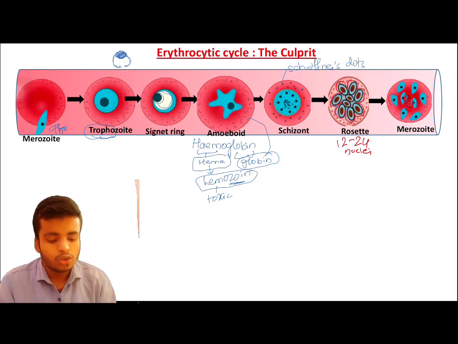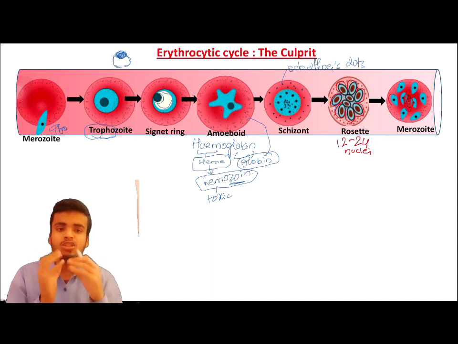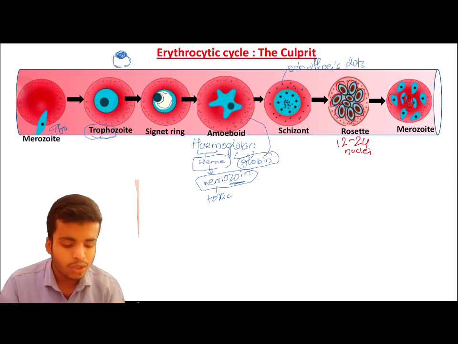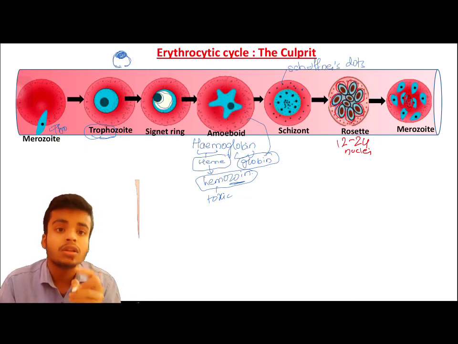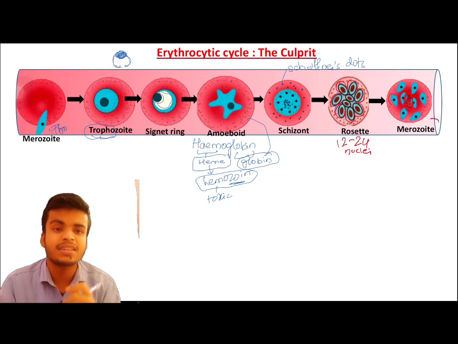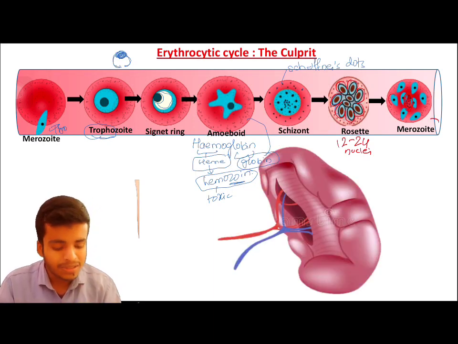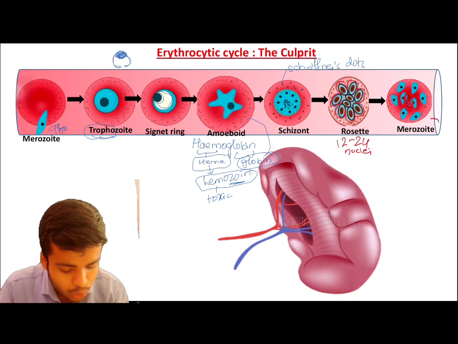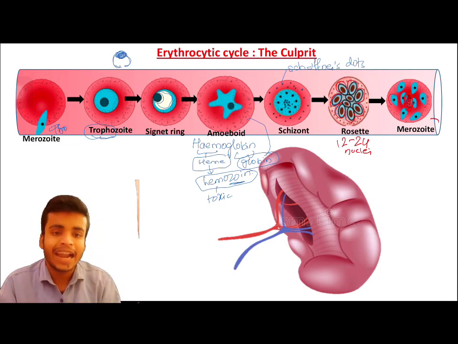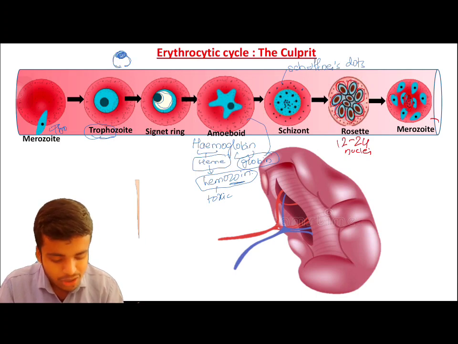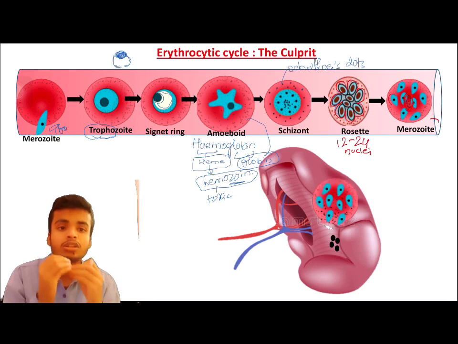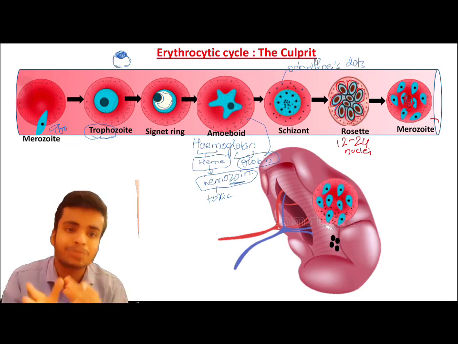Now this RBC is swollen and increased in size. When it passes through the spleen, also known as the graveyard of RBCs, it ruptures. These blood vessels lead to the spleen, and when the RBC with merozoites comes, it is so large that the spleen ruptures it to kill it.